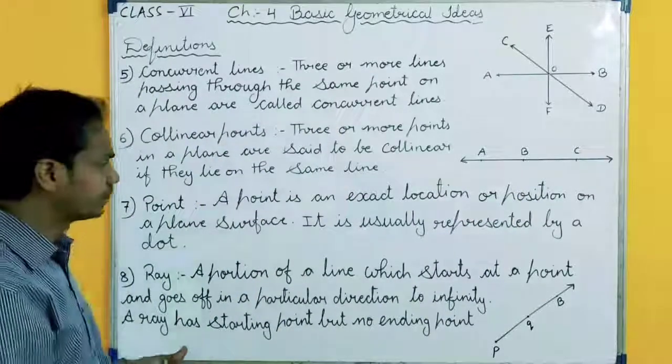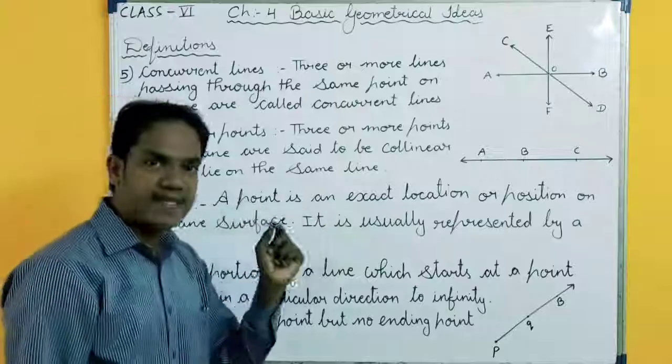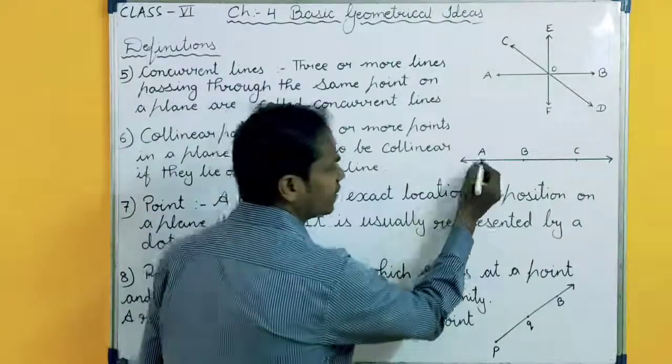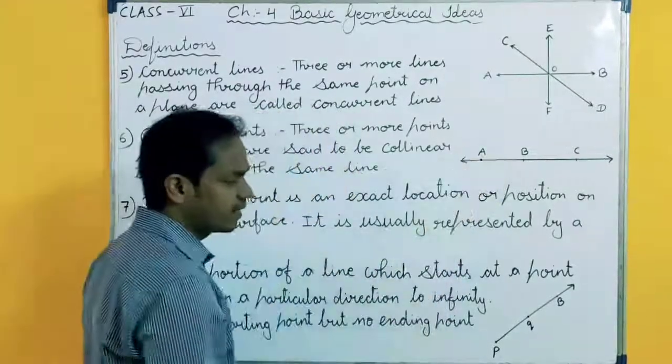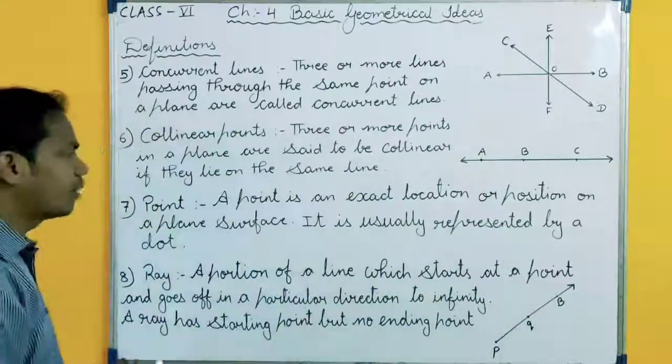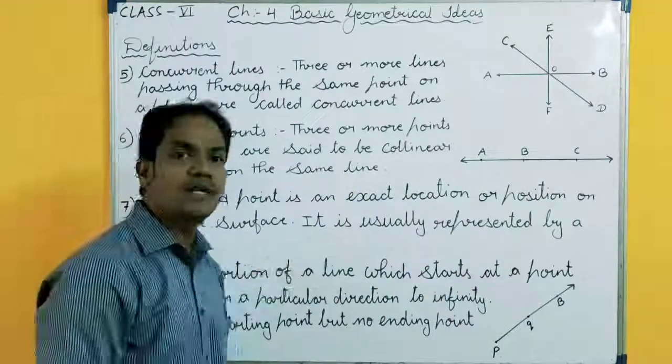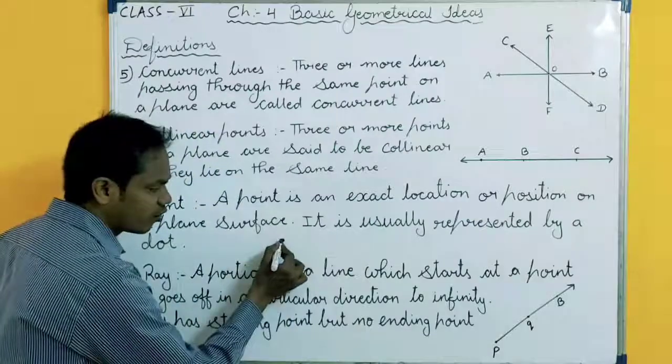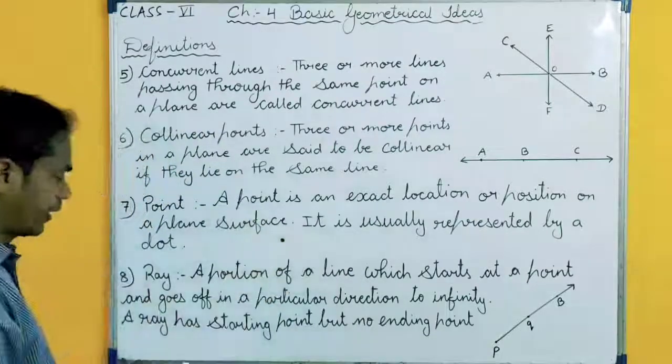Now, what is a point? A point is an exact location or position. See this. This is an exact location or position on a plane surface. It is usually represented by a dot. This dot is a point.